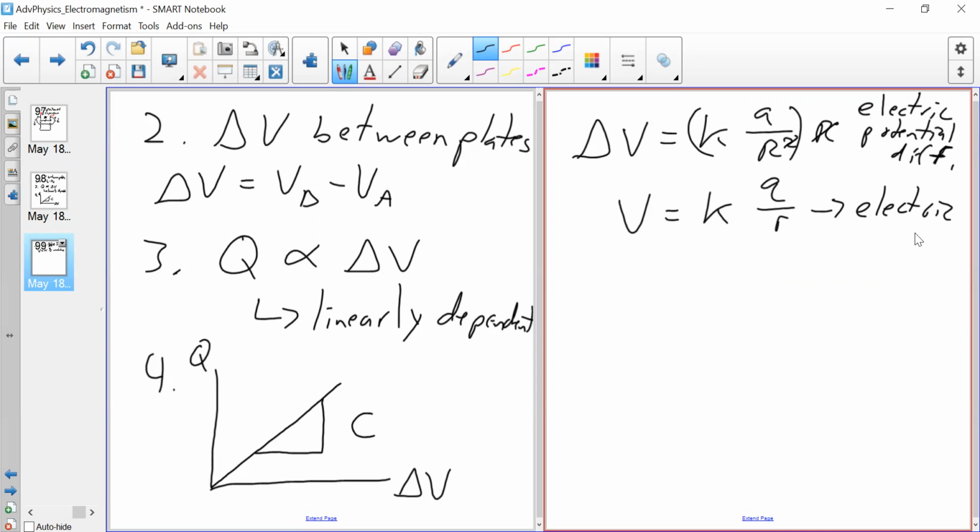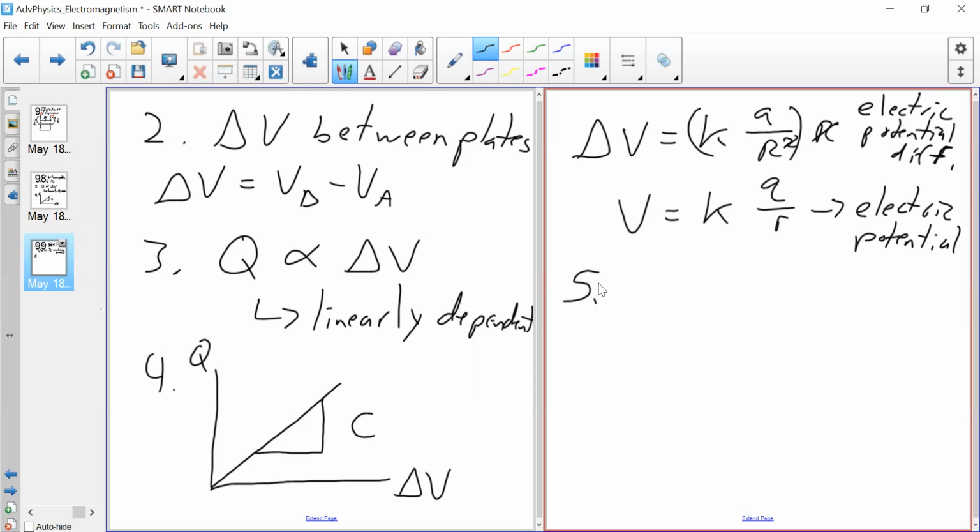PE equals mgh at that point, and delta PE would be the difference between two points. Same logic here. That's just a side note, really.